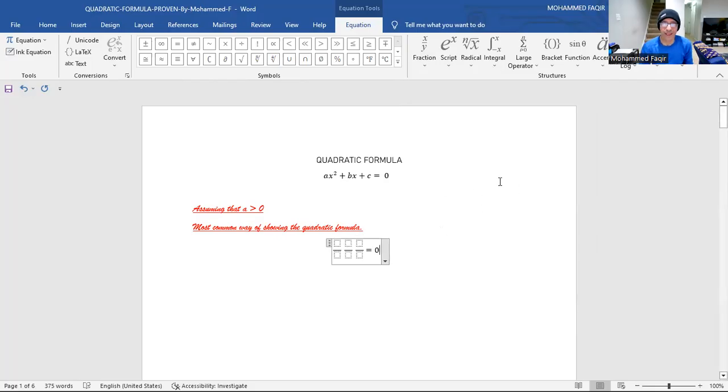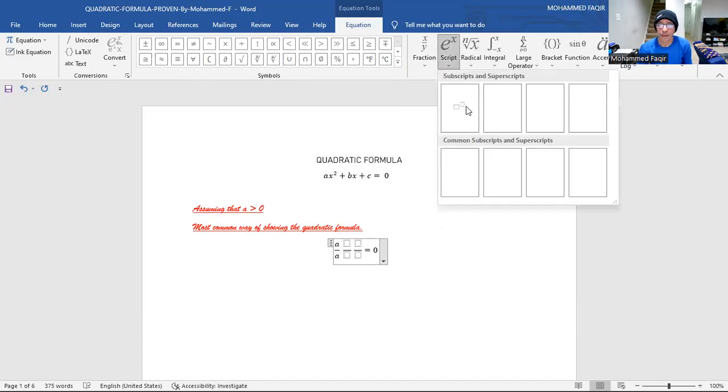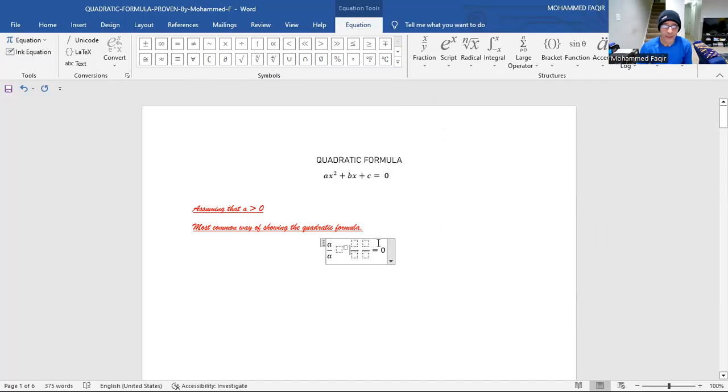The 0 will stay because 0 divided by a is 0. So here is going to be a, the bottom is going to be a. Here we need an x squared, so we put an x here and a 2.